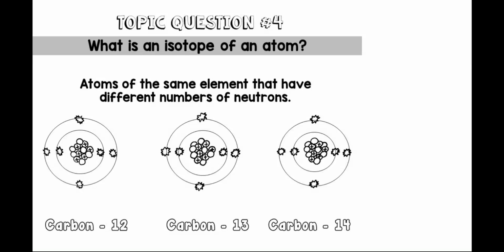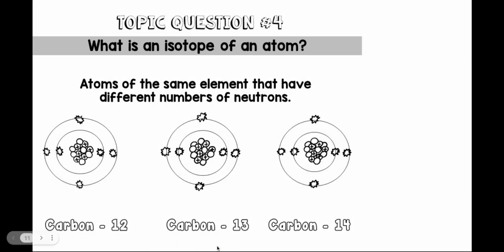Another term you will hear as you read or research or as we talk about atoms and elements are isotopes. Isotopes mean atoms of the same element that have different numbers of neutrons. Remember, they have to have the same number of protons as labeled on the periodic table. Uncharged atoms then have equal protons and electrons, but they can have different numbers of neutrons.